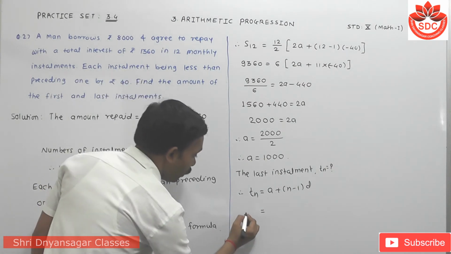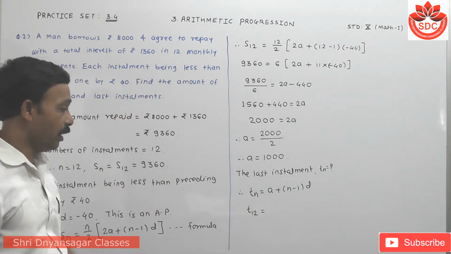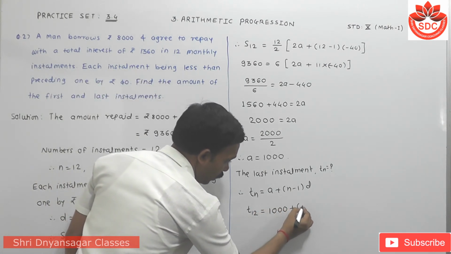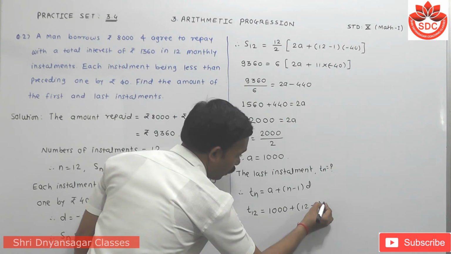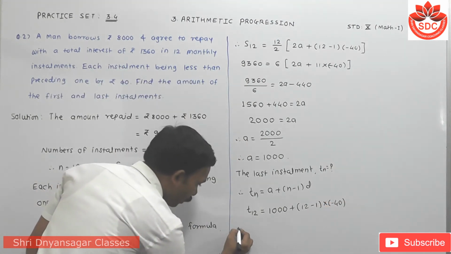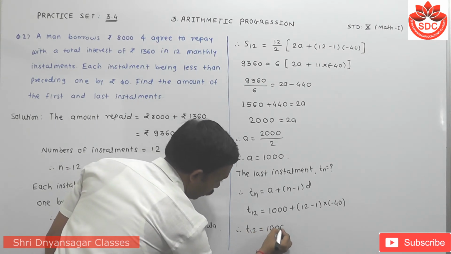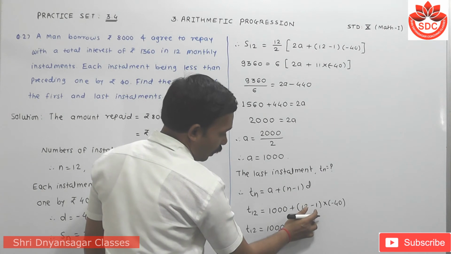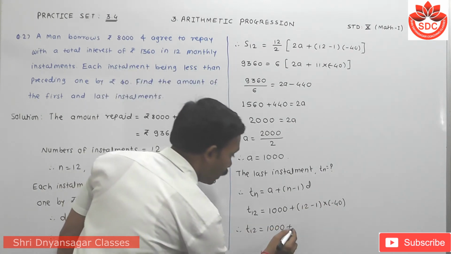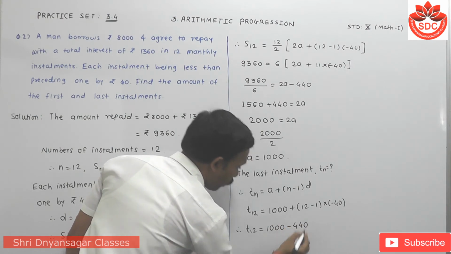So the last installment, the 12th month, means T12 is equal to a which is 1000 plus 12 minus 1 into d which is minus 40. Therefore T12 is equal to 1000 plus 11 into minus 40, which becomes minus 440.